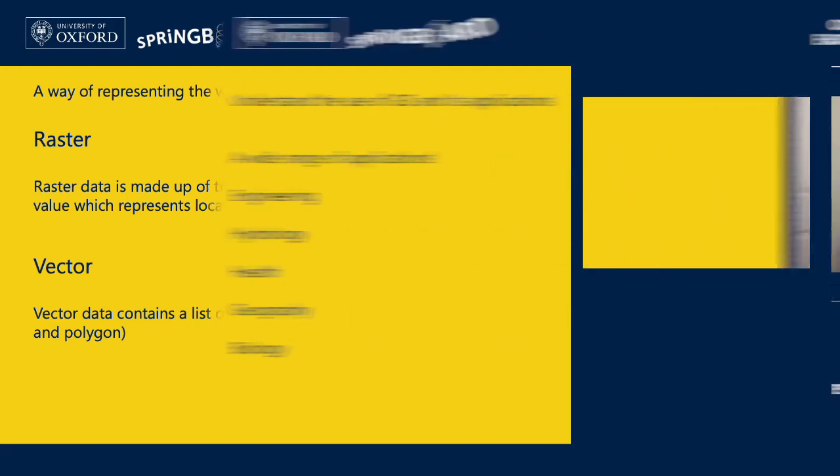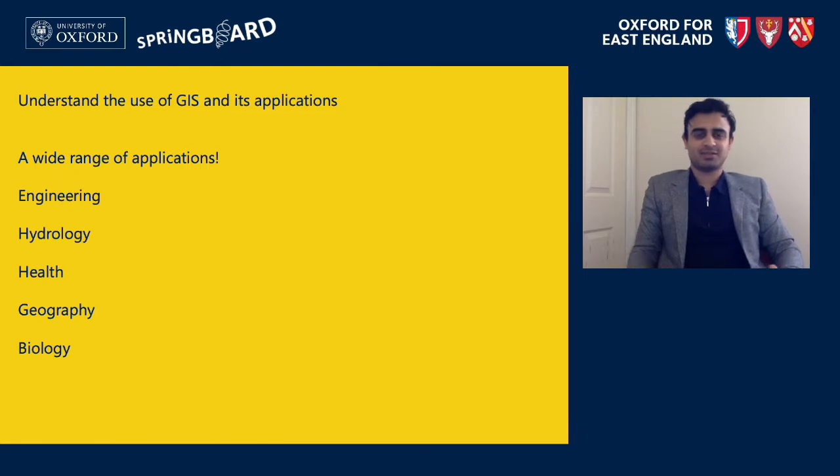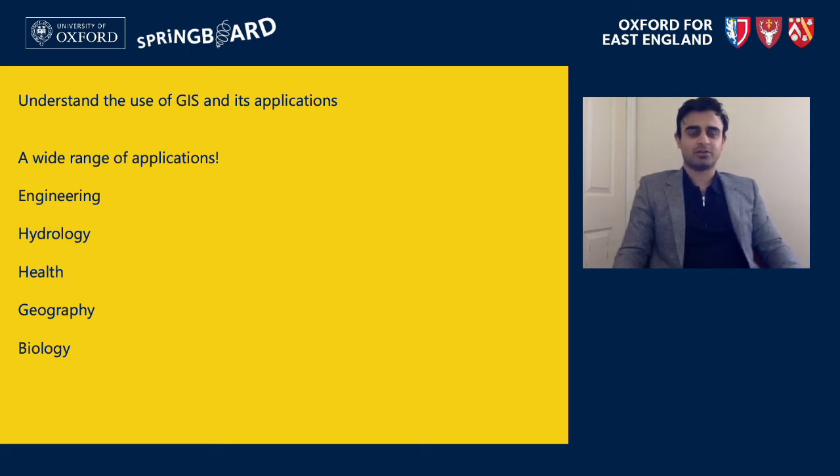So you might be wondering, where is GIS used in real life? It's been used for a wide variety of applications. It's been used in engineering, and in hydrology to look at rivers and the water cycle, so you can track the movement of rivers and how flows are changing.